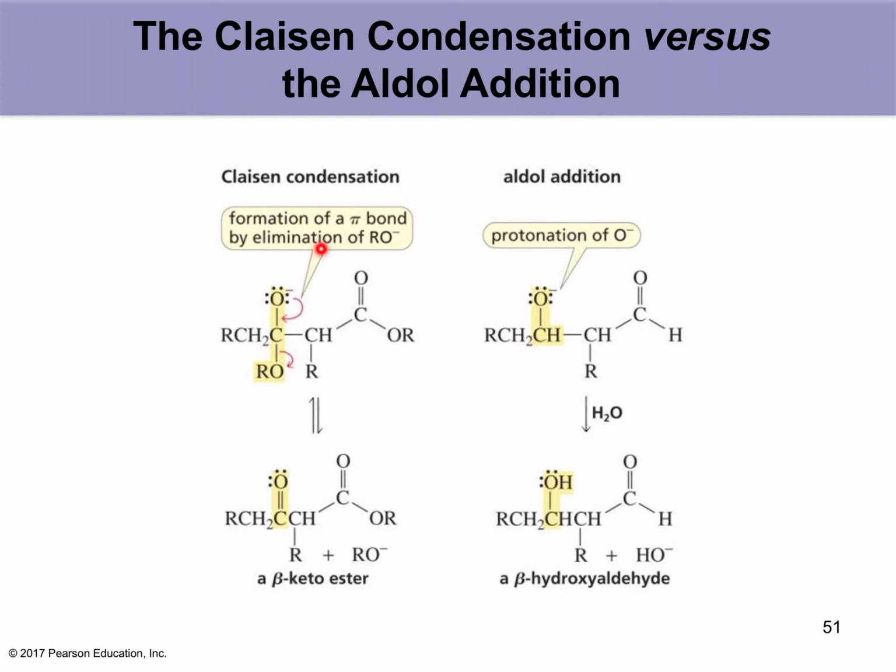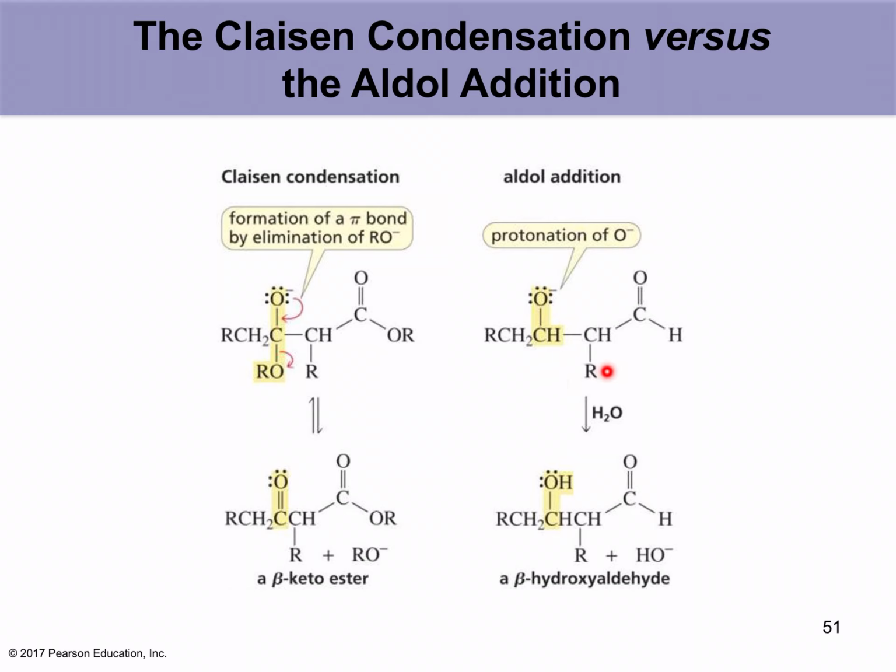And then the formation of a pi bond by elimination of alkoxide. Now, once you form the new carbon-carbon bond in both cases, the next step for the Claisen is to reform the carbon-oxygen pi bond by losing an alkoxide ion. And that will give you this carbonyl compound and then the rest of the molecule.